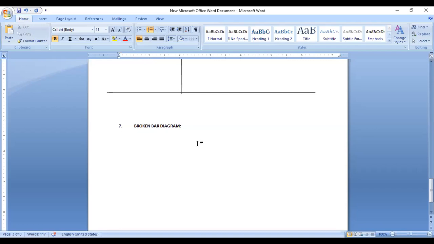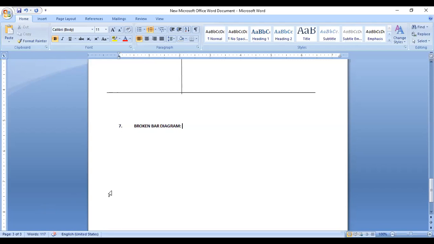This broken bar diagram is used when values of some variables are very much bigger or smaller than others. In this case, the bars with bigger terms or items may be shown broken. So that is how it is going to happen. We will observe now.